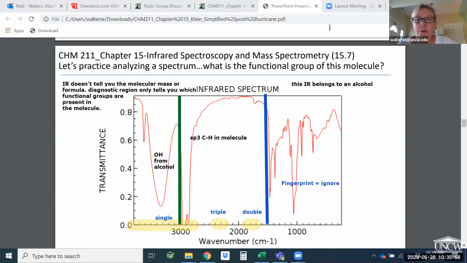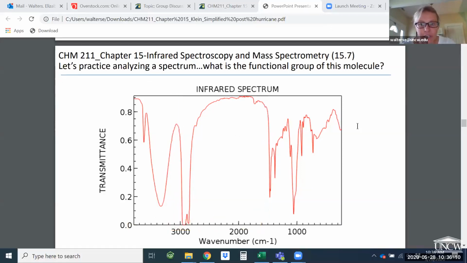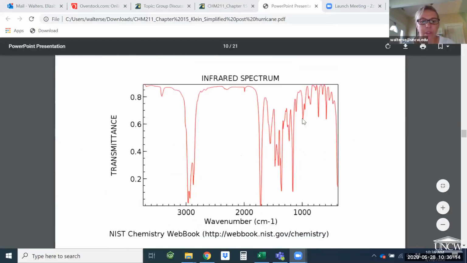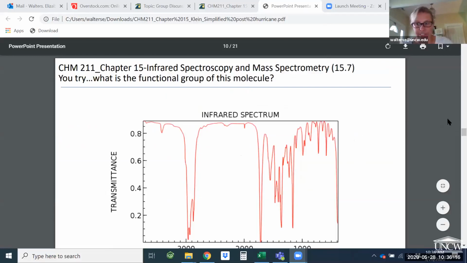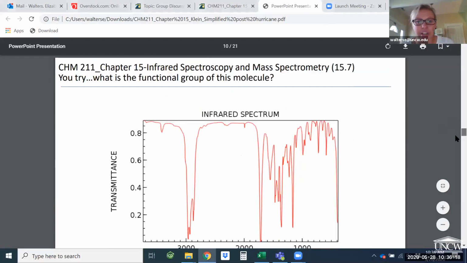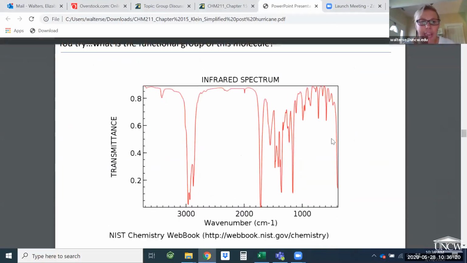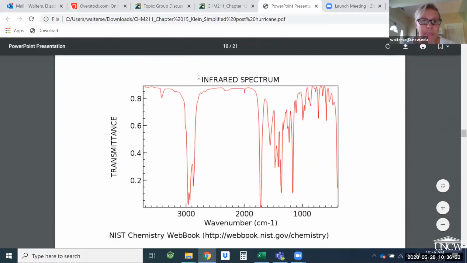Okay, so let's do another one, and then I'll show you some examples, where a file is with more examples. Okay, so what is the functional group of this molecule? Now again, I would start in the exact same way every time.